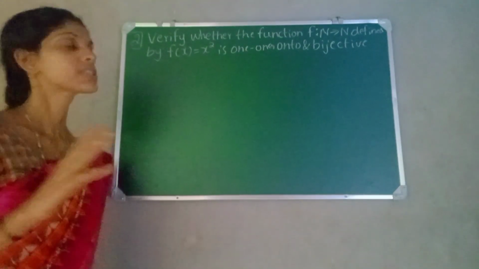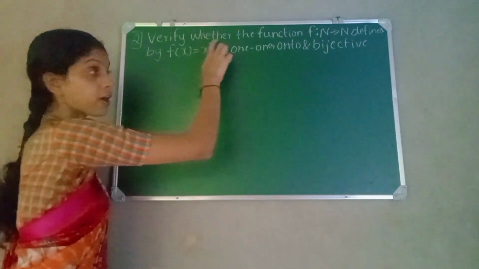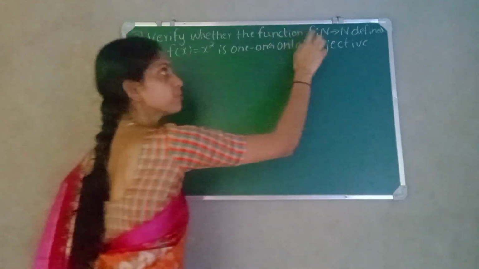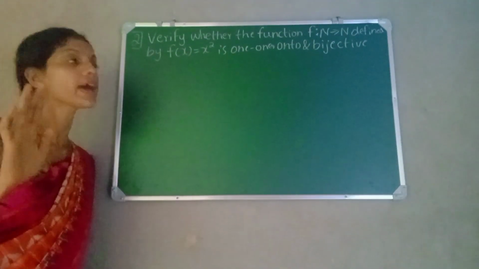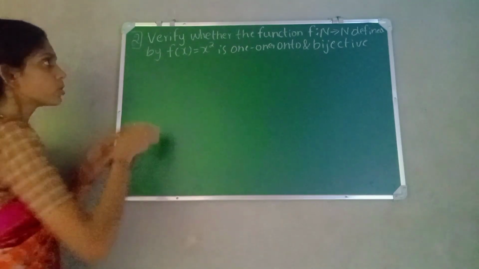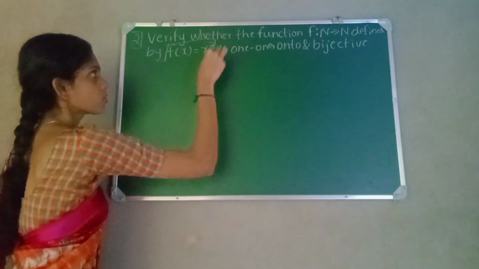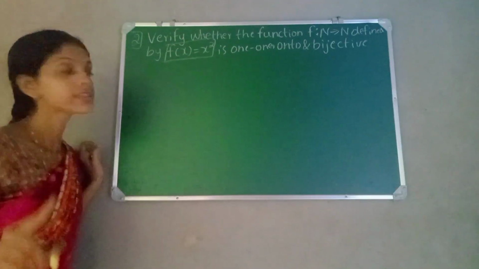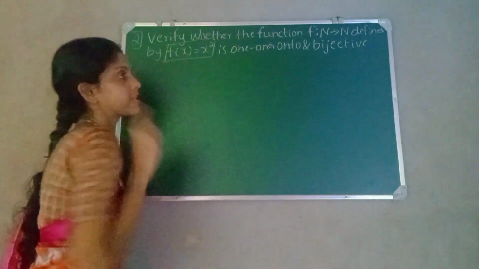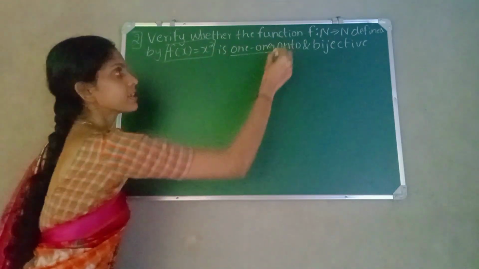Now we will solve the second question, that is, verify whether the function f from N to N, defined by f of x equal to x square, is 1-1, onto and bijective. First we will see whether it is 1 to 1.